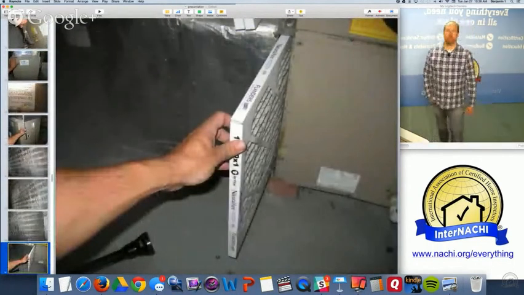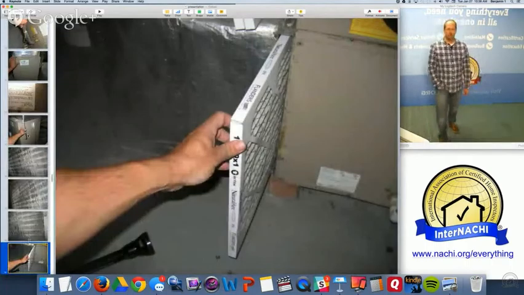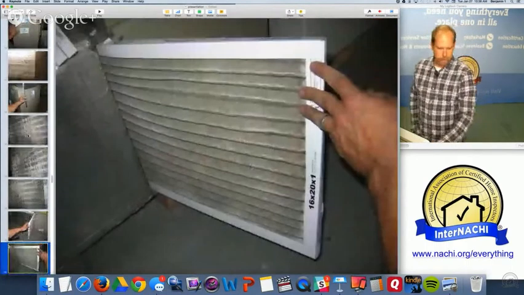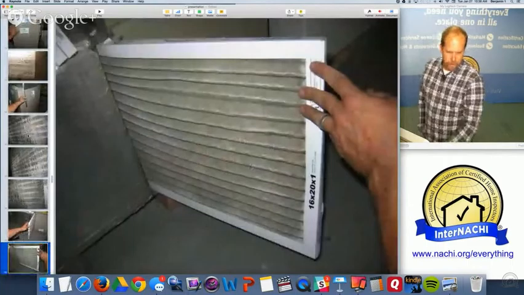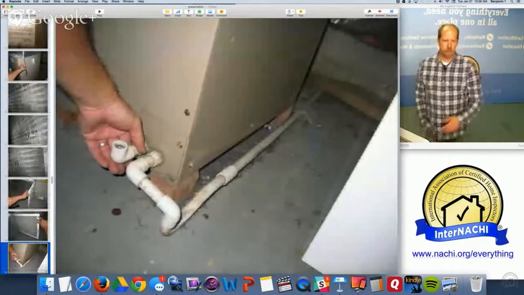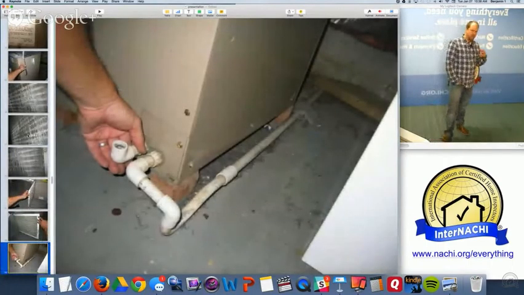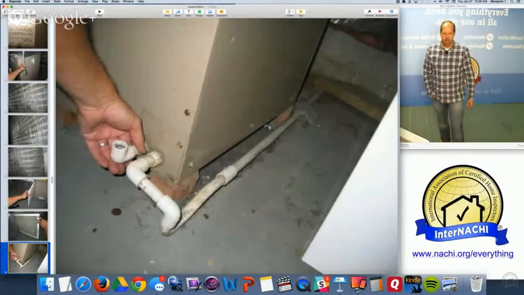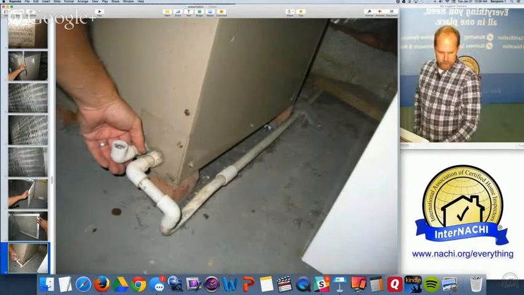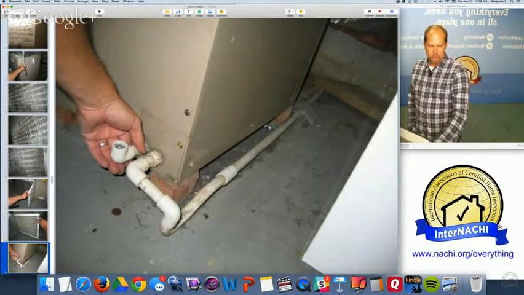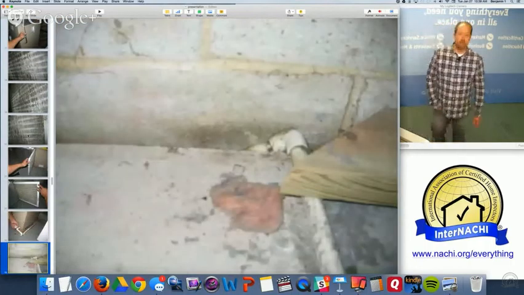The filter is a great place to look for conditions conducive to mold growth. Filters should be replaced. That one's dirty and clogged. It could cause the evaporator coil to leak condensate. The air filter can do a lot of things. And there's the condensate drain pipe, and it's going into the perimeter drain.